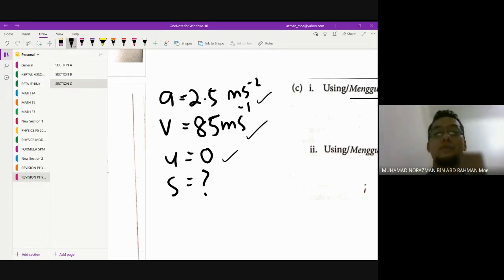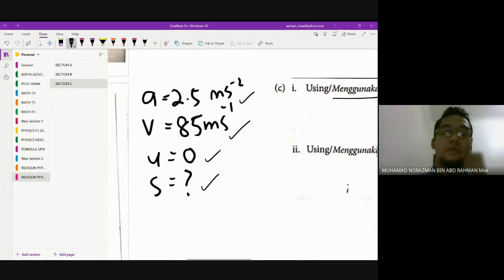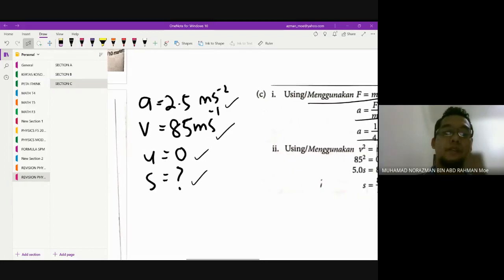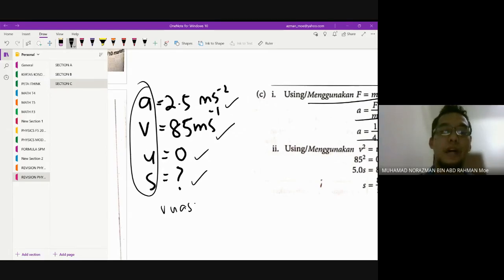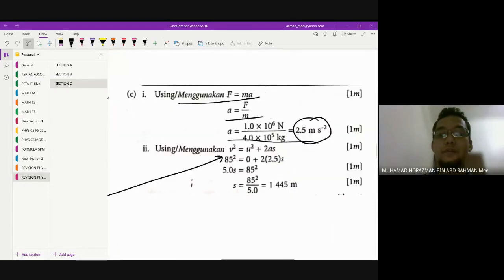And we want to know the minimum length to take off. So from a, v, u, and s, which formula to use? We use v u a s.